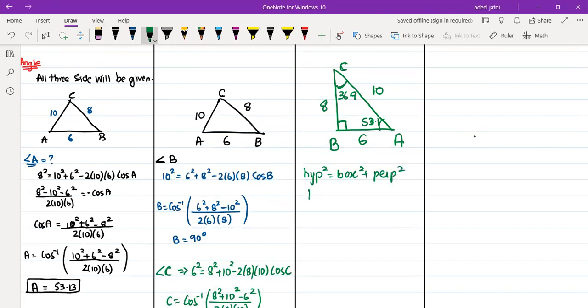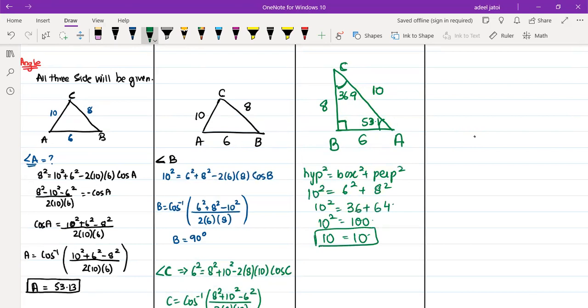So hypotenuse will be 10 square is equal to 6 square plus 8 square. So 6 square is 36 plus 64, which is 100. So if we just solve this, 10 is equal to 10.